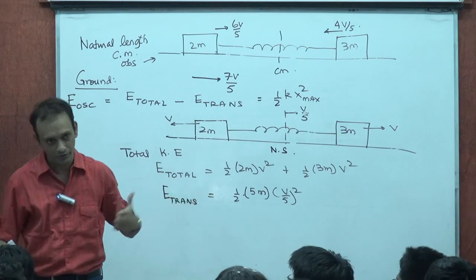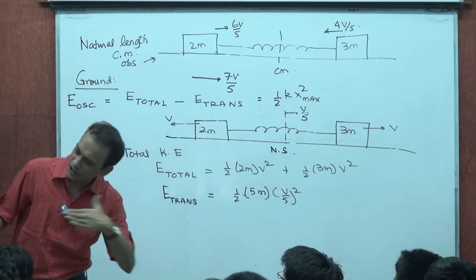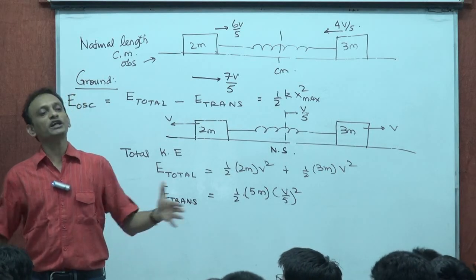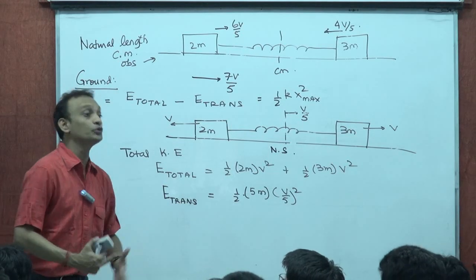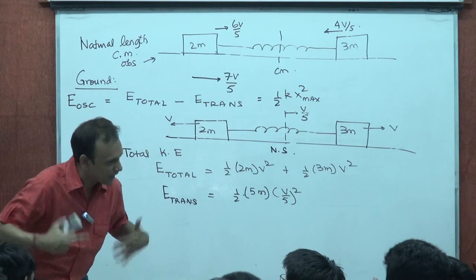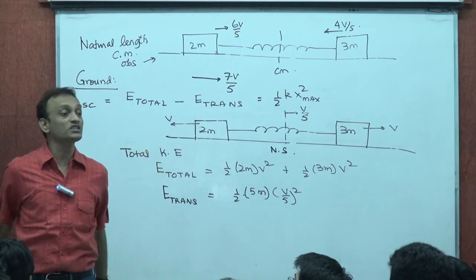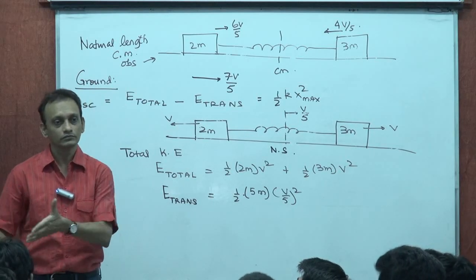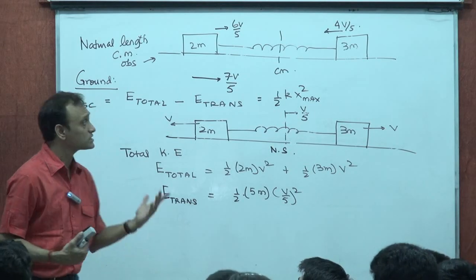With the velocity of the center of mass available to us, we could convert it back to the ground frame as and when we want. So initially might as well just work around the center of mass frame so that it reduces to pure simple harmonic motion of the two masses, the regular two-body oscillation that we looked into in our last class.